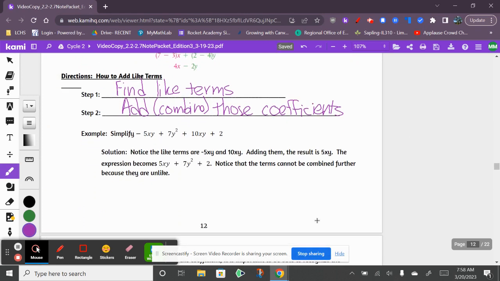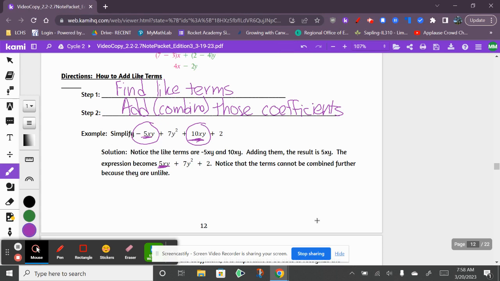So if we look at this one, the like terms here, this has an x and a y, so we want to look for any other terms that have an x and a y. That would be this term. If we combine those, negative 5xy plus 10xy will give us a positive 5xy. The other 2 terms, there's no other term with a y squared, and there's no other term that's just a number.